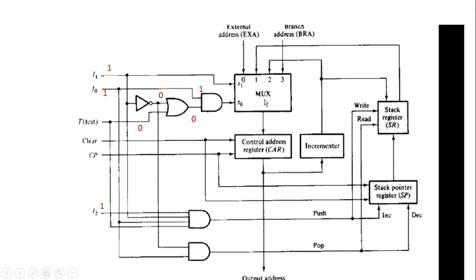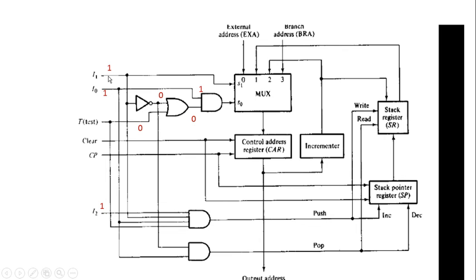So the second input of this multiplexer is going to be selected as the output of the multiplexer. Second input means the incremented form of the control address register. The current value of the control address register is incremented by 1 and written back into the control address register in order to indicate the address of the next microinstruction.